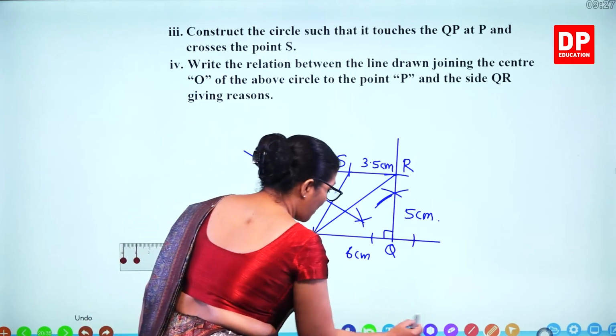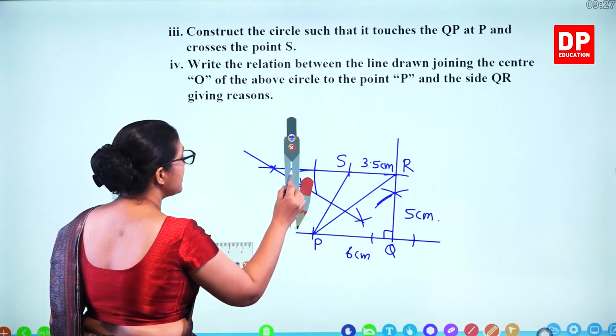Now we have to draw the perpendicular from this point.